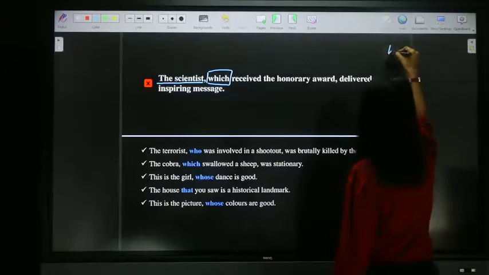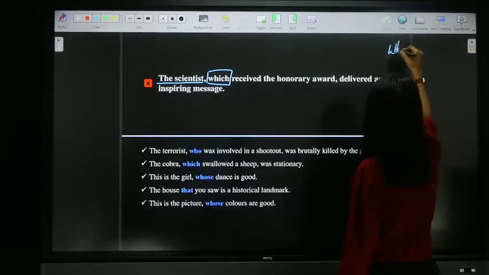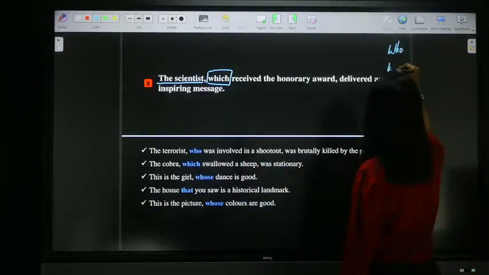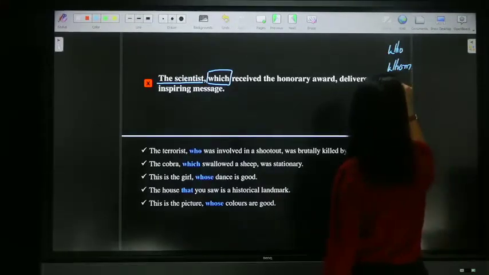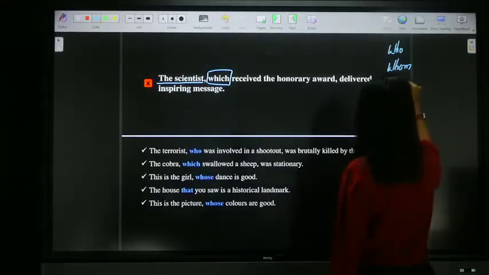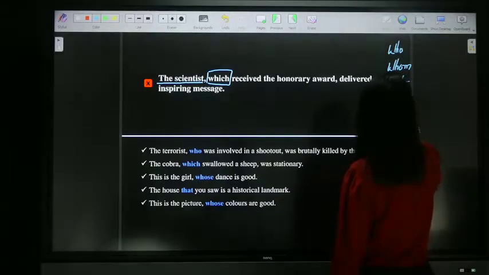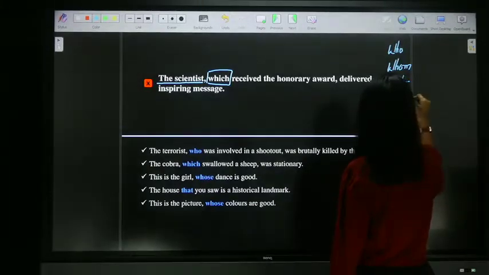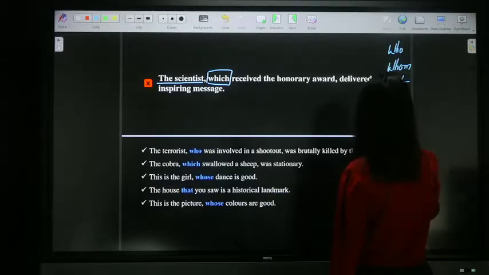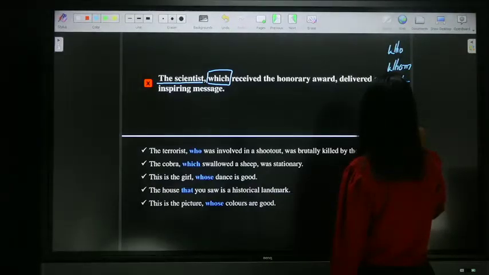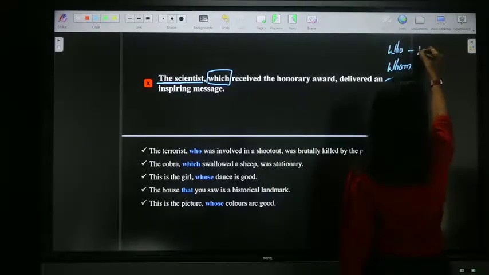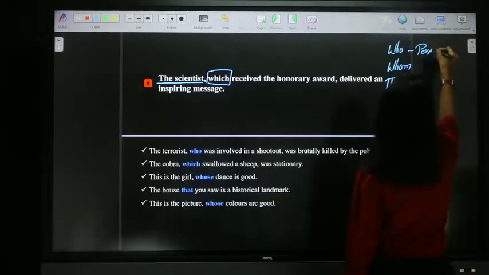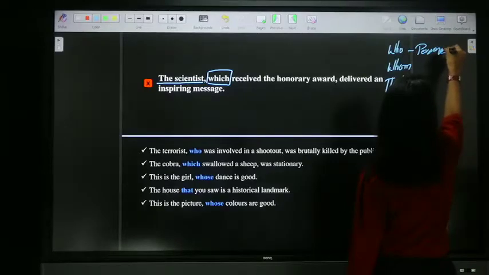We have discussed a few relative pronouns like who, whom, that, which, whose, where, when, why, etc. Who is used for? Only persons. Whom?